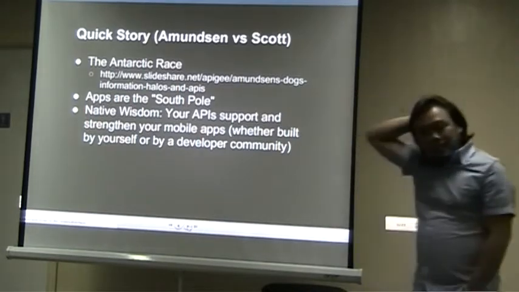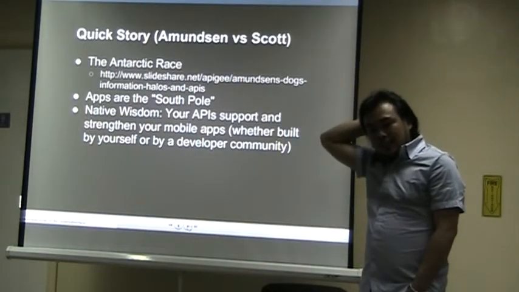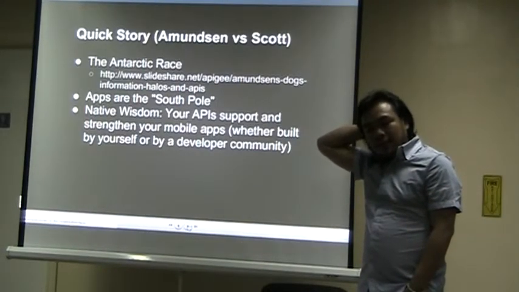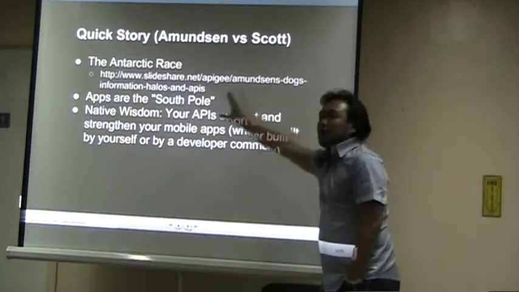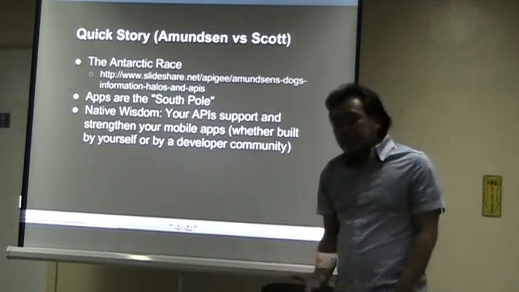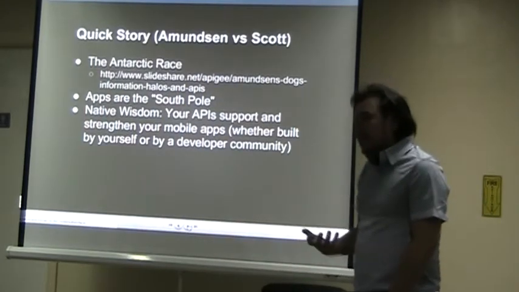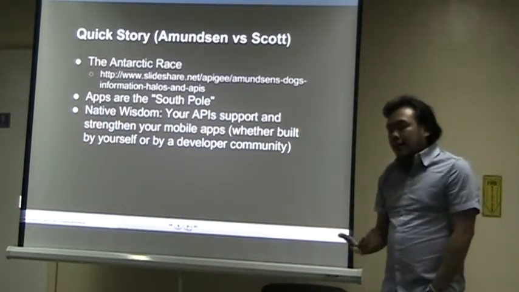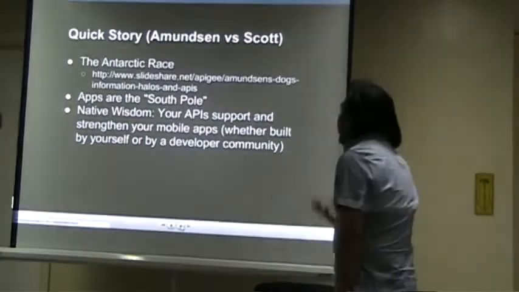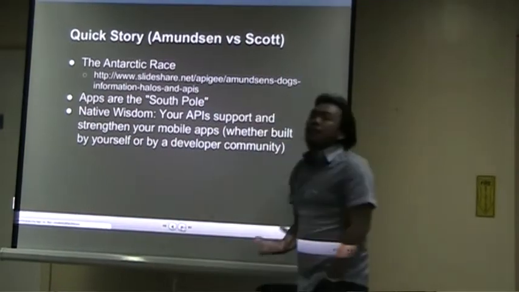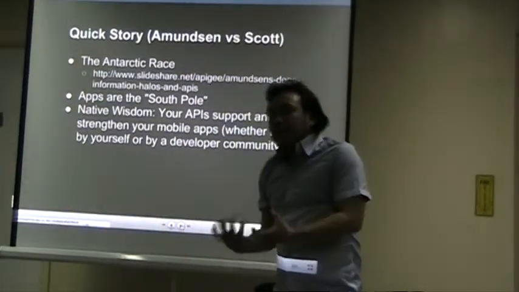There's this story I read about that I got from Jim Ison of Smart DevNet. I would just suggest that you go to that link and read about it. It's basically finding what makes a successful API, or what makes a good API. The bottom line is that you have to know the native wisdom of today's mobile world.